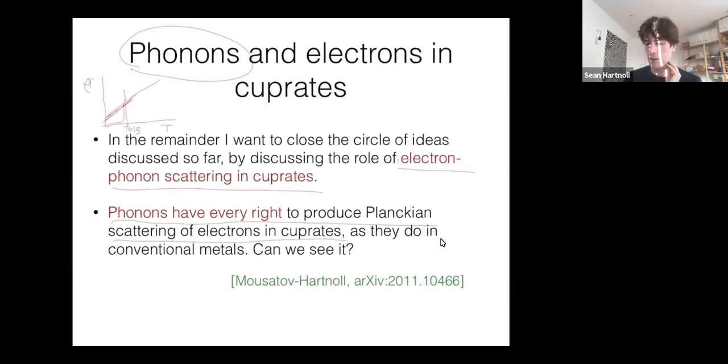And down here, it's really hard to see how it can be phonons. Even though up here it has every right to be phonons, down here it doesn't, because below the Debye scale there are very few phonons to scatter off. But there's no kink or anything here. The resistivity just goes straight.